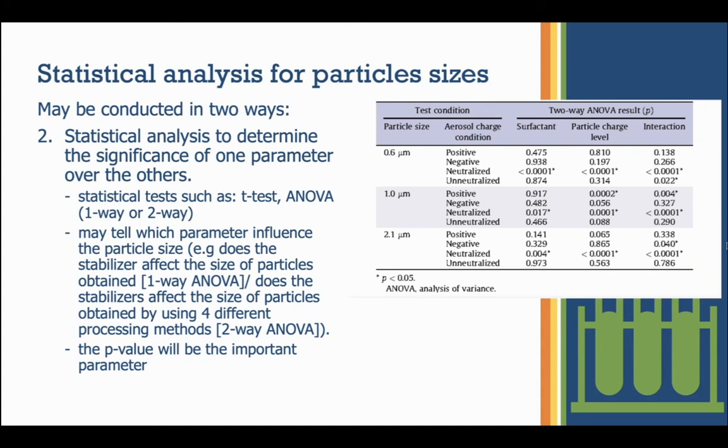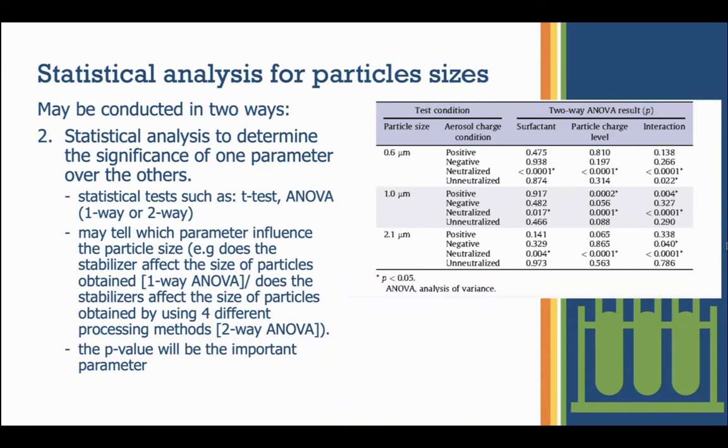The second way is by conducting statistical analysis, t-test, ANOVA, and from here we will be able to determine which parameter influences the particle size. As an example, does the stabilizer or the surfactant affect the size of particles obtained? Does the type of stabilizer, A or B or C, if you have 3 stabilizers, matter?